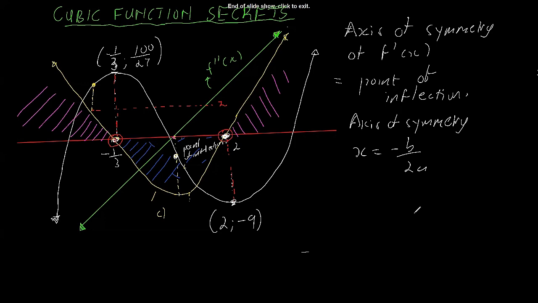But if you don't have an equation, you can simply get the axis of symmetry by taking the x-intercepts, adding them together and dividing by 2, right? Because the axis of symmetry is actually the midpoint of your intercepts. So we can find the axis of symmetry by saying negative 1 over 3 plus 2, and then that divided by 2.